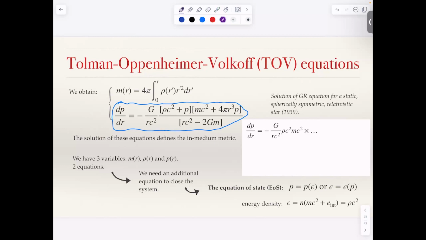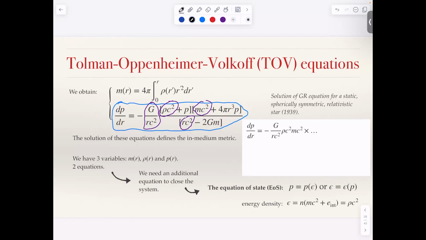I have this factor, but then I want to factorize this term, and I will also factorize this term. If I factor these terms, then I have a factor which is minus J over rc squared. This is my first term. Then I have rho c squared.